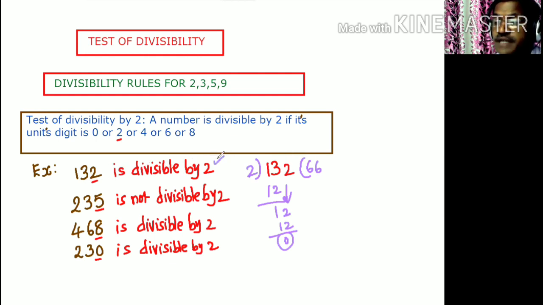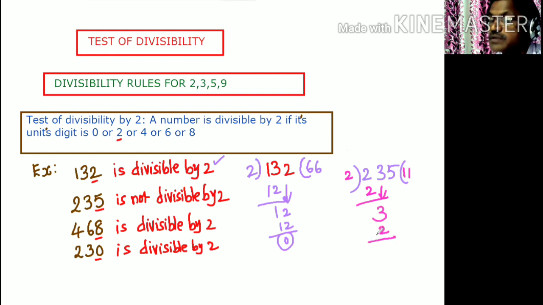So it is right. Now let us take 235 and divide by 2. 2 1s are 2, bring down 3, 2 1s are 2, remainder is 1, bring down 5, 2 7s are 14, here remainder 1.